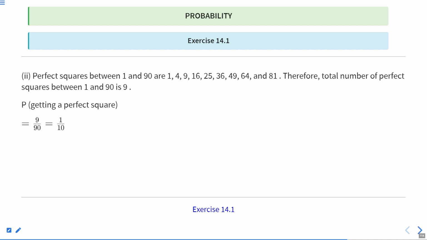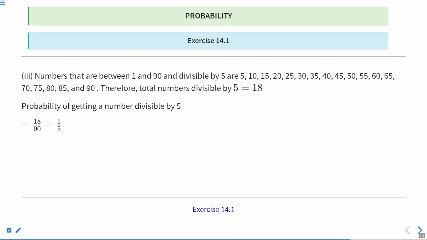And now let us find the probability of getting a number divisible by 5. First of all, we need to find the numbers which are divisible by 5 between 1 to 90. The numbers between 1 to 90 are 90, and those divisible by 5 are 5, 10, 15, 20, 25, 30, 35, 40, 45, 50, 55, 60, 65, 70, 75, 80, 85 and 90.